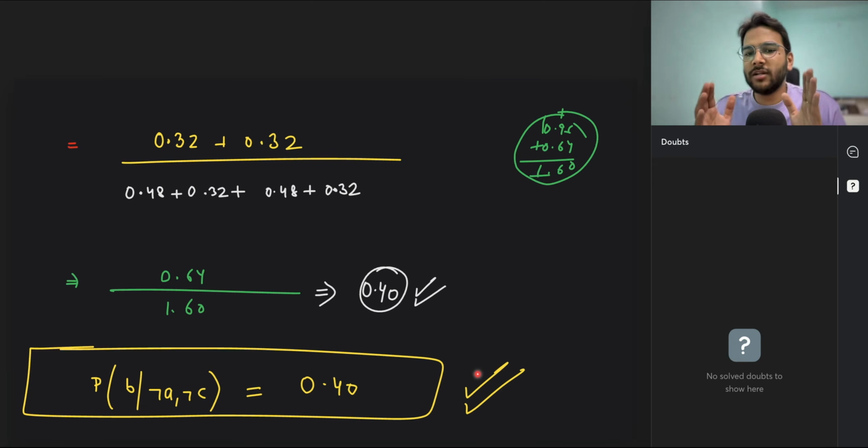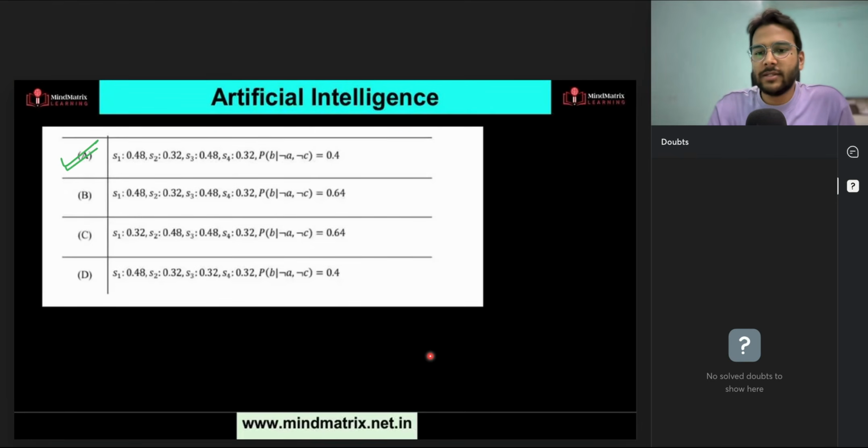So once you normalize it, the sum will be 1 always. Because it is simple: not of A, not of C given, something that is fixed. Now probability of B and probability of not of B, if you add both of them, it should be 1, right? This thing we have already talked about a lot of times. So option A is the correct answer here.